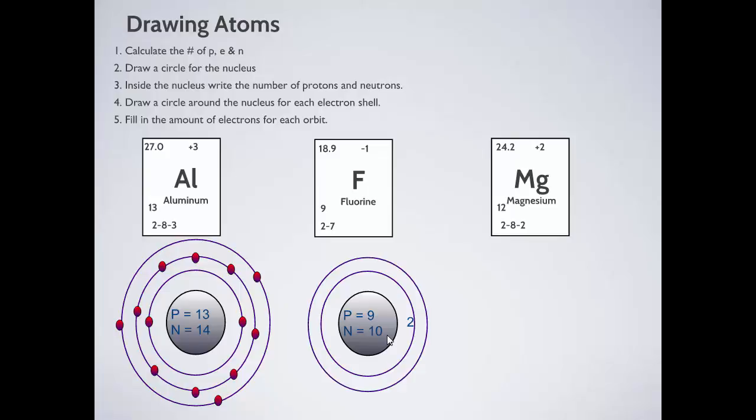Instead of drawing all the dots, we can just write the number right next to the orbital. Then finally, magnesium. How many protons? Neutrons? And then the electron configuration is 2, 8, 2.